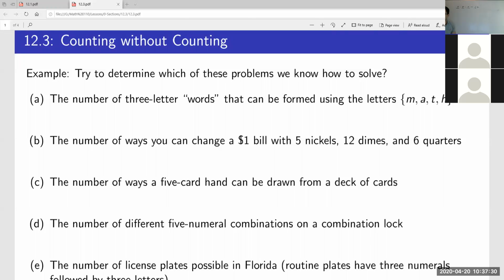So if there's 4 suits and 13 cards in a suit, 52. 52, yeah.